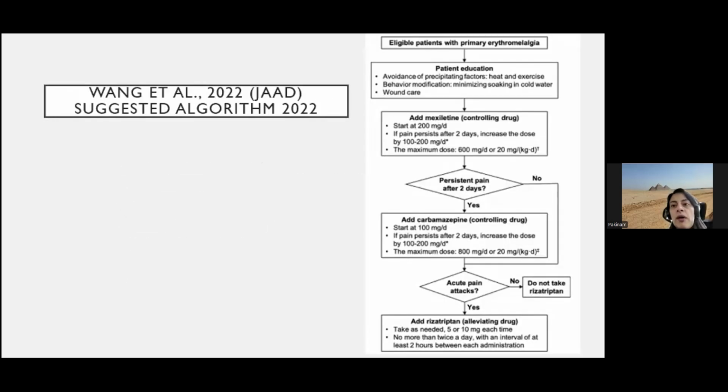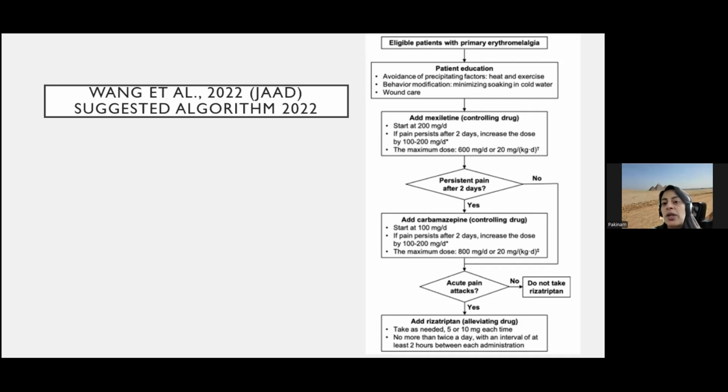In the JAD, Journal of the American Academy of Dermatology, in 2022, they mentioned a possible algorithm that we can use to help us treat the patients with erythromelalgia, being a very difficult and tricky case. First, patient education, of course, and we can add mexiletine, which is a controlling drug, and we can start at 200 milligrams per day.